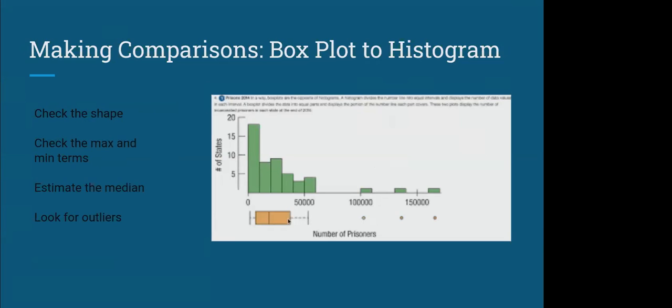If these were the two that you needed to match, look for the outliers first, because they lie outside. They stand out. So look for them first, and then go back and critically analyze your data. Okay? So let's do this quick little practice.